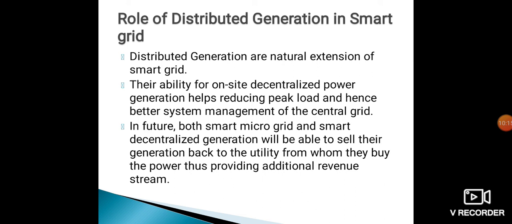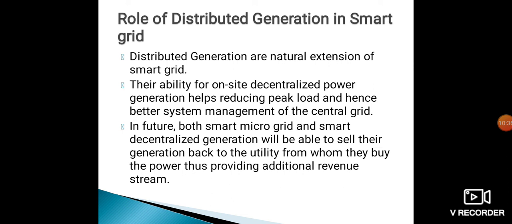The load gets shared because of distributed generation system, so the peak demand of the power plant gets reduced. So the second point says that the peak demand on power plant gets reduced, so it is the better option for the system management for the central power plant.